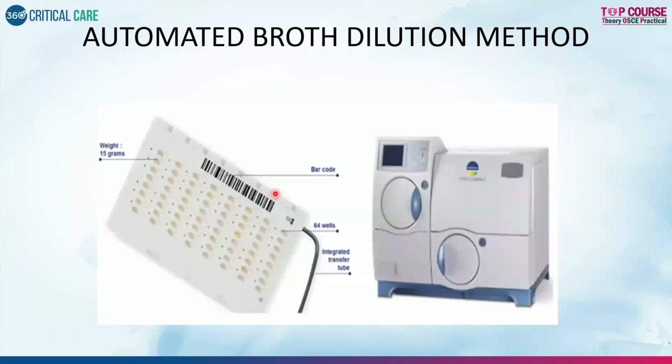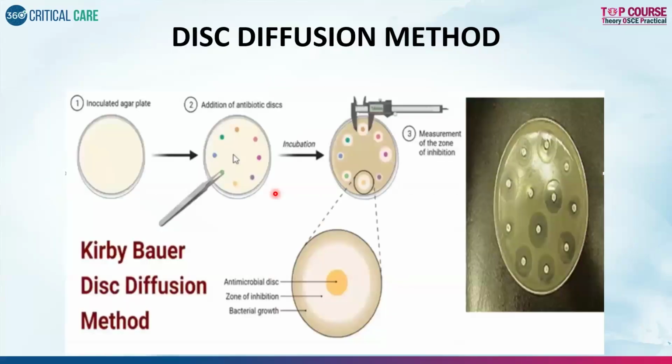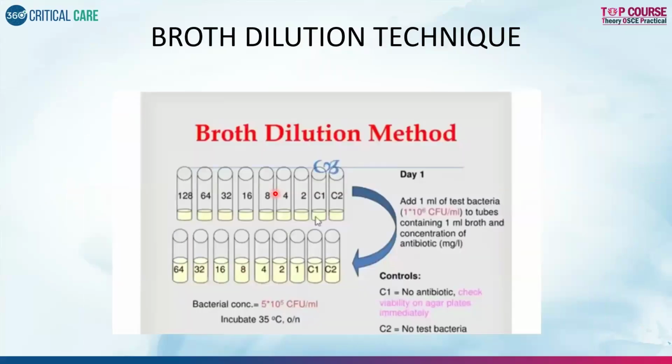In disc, there are different types of antibiotics with different zones of inhibition. In broth dilution, it's the same antibiotic at different concentrations. So if you want it for penicillin, you have to do a different broth dilution. If you want it for carbapenems like meropenem, you have to do a different one. Similarly, each will have a different cassette and different concentrations.